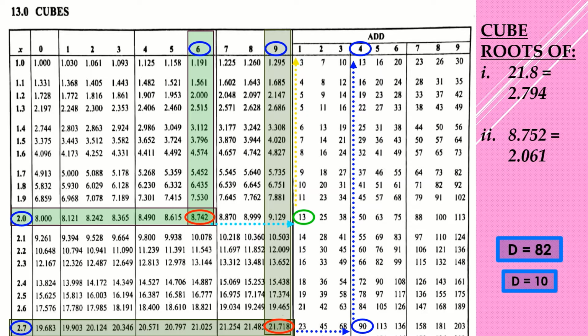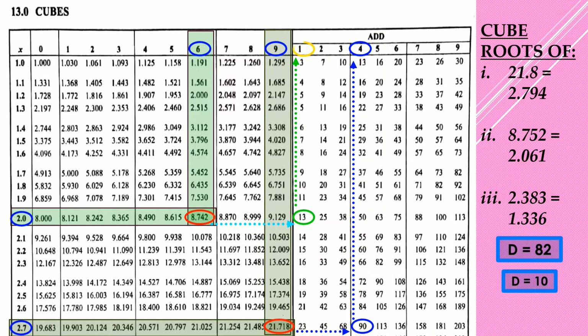Above 13 on the x row, we have digit 1. So that digit 1 is now part of our solution, and we write it after digit 6, and we have 2.061. So the cube root of 8.752 is 2.061.